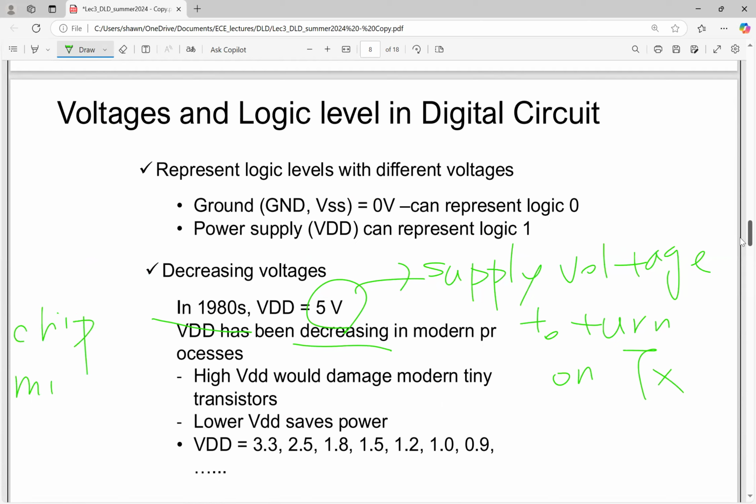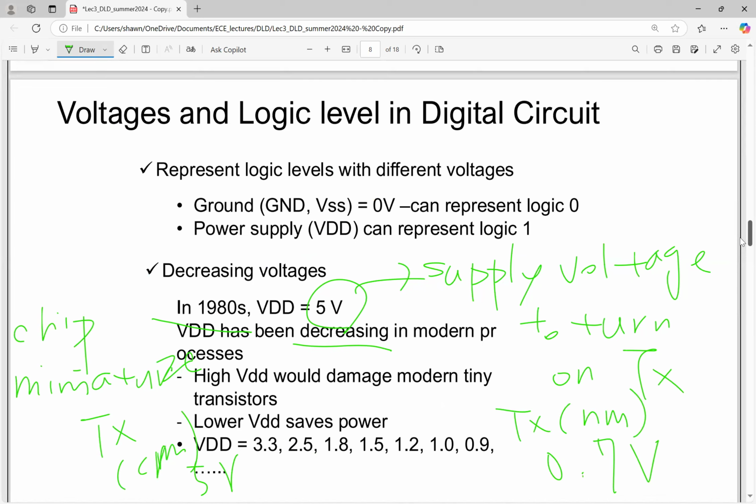Chip miniaturization allowed us to decrease the VDD from 5 volts to almost 0.7 volts. For 5 volts, the transistor size itself is going to be in the centimeter range, but for 0.7 volts VDD, the transistor size is going to be nanometer size.